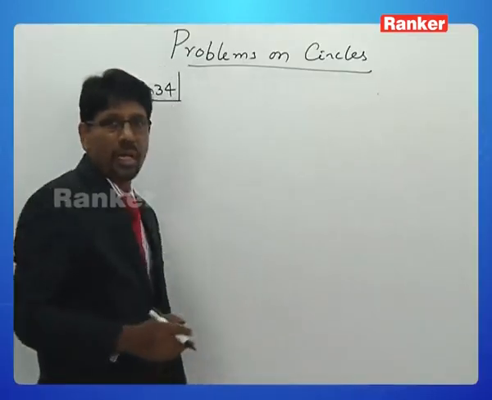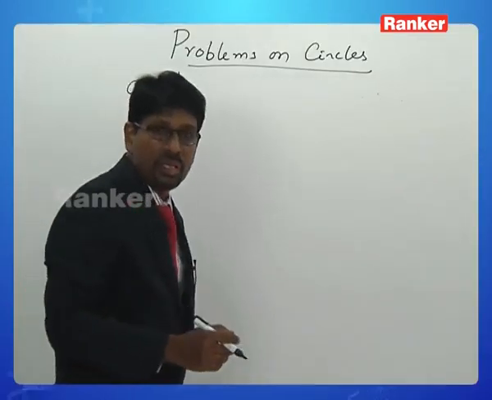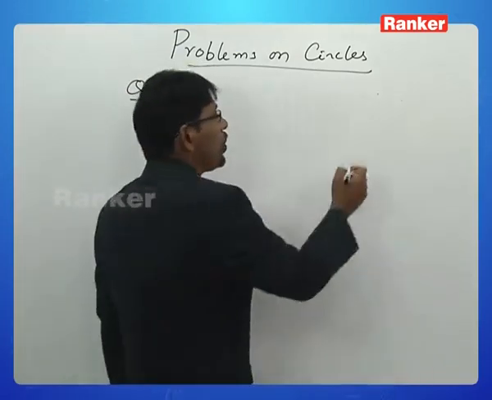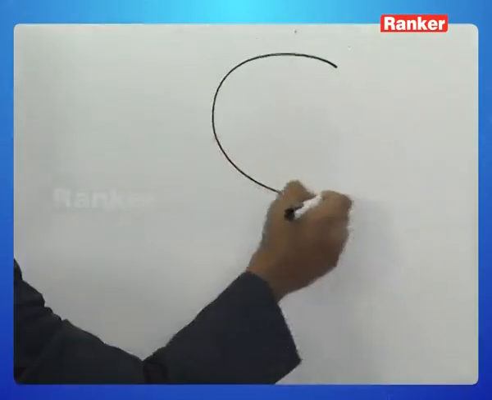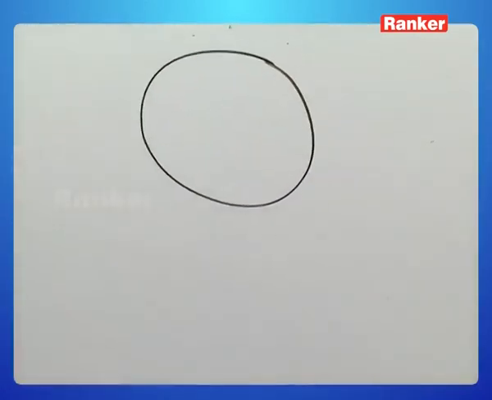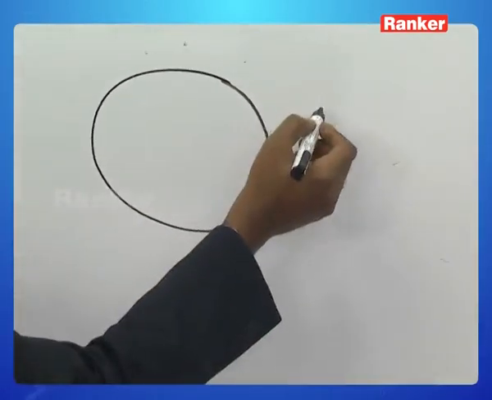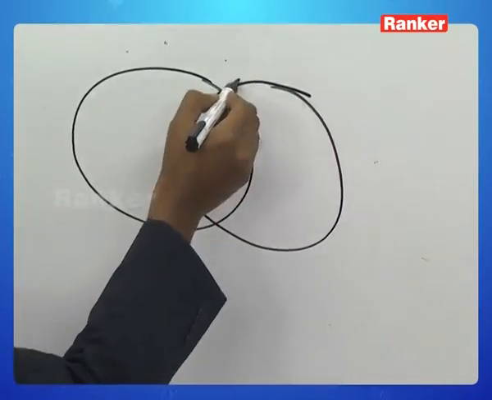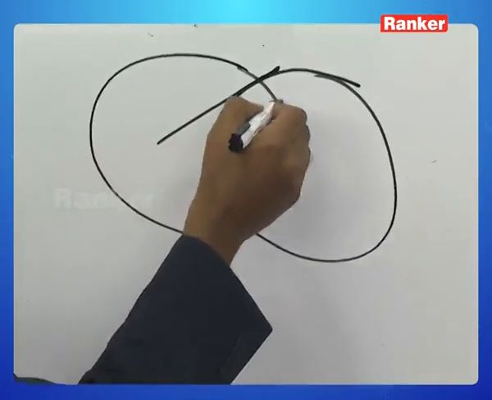Let us first understand what it means to say that two circles cut each other orthogonally. What do you mean by angle between two curves or two circles in particular? It is the angle made at the point of intersection by the tangents.